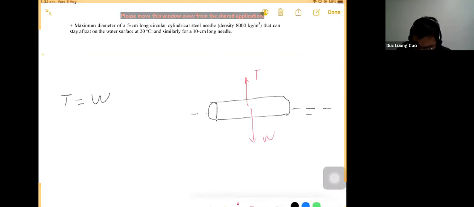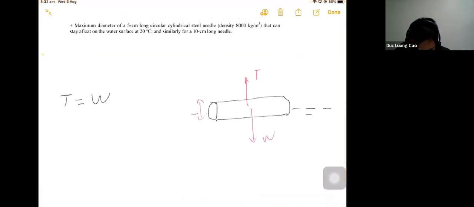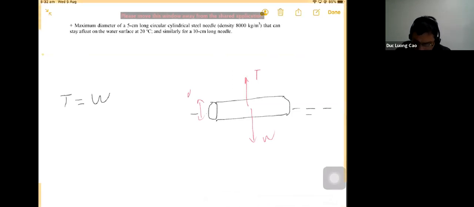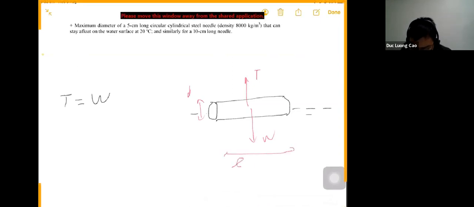And this needle, you have the diameter D, the maximum diameter you have to find, and the length L is 5 centimeter long, or 0.05 meter.